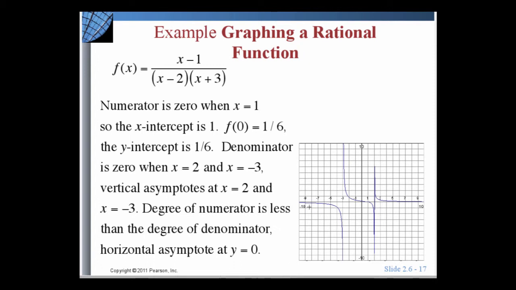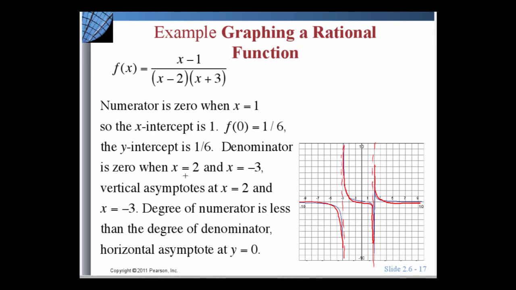You can see we have a piece here, we have a piece here, and then we have another piece here. So it's kind of interesting. 2 vertical asymptotes. This would be difficult to sketch by hand.